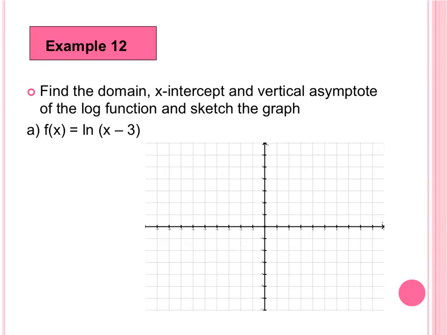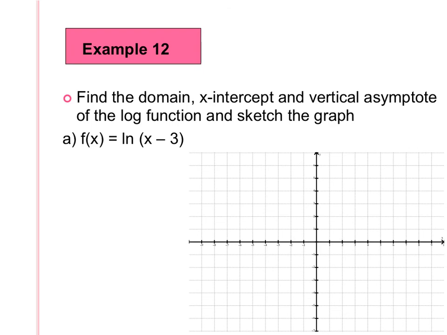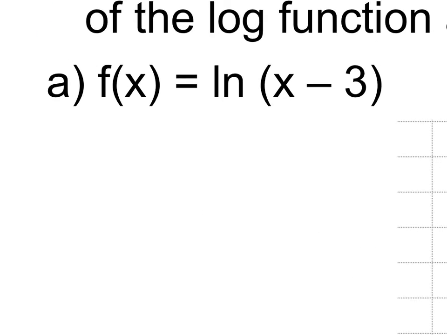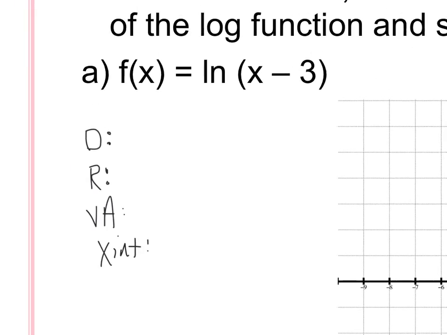All right, let's do this last one, and then we'll talk about your web assigned stuff. I want to find the domain, the range, the vertical asymptote, the x-intercept, and I'm going to sketch the graph. For exponentials, my domain is negative infinity to positive infinity.